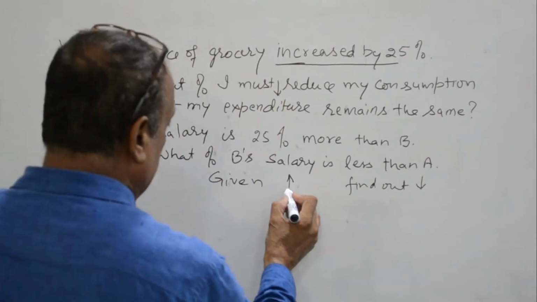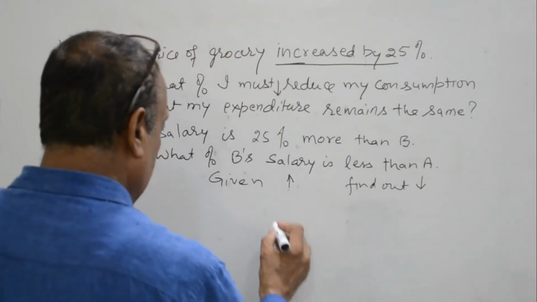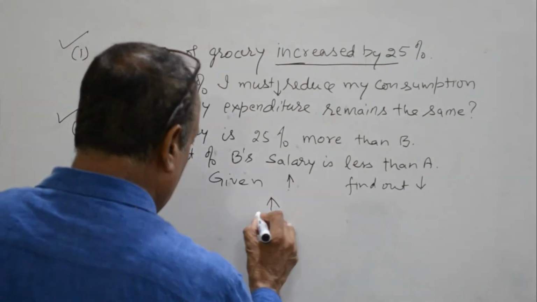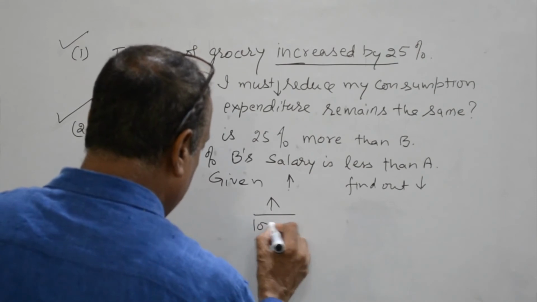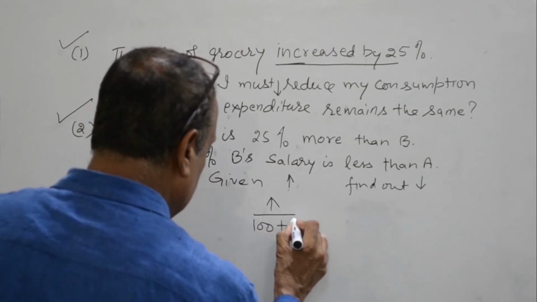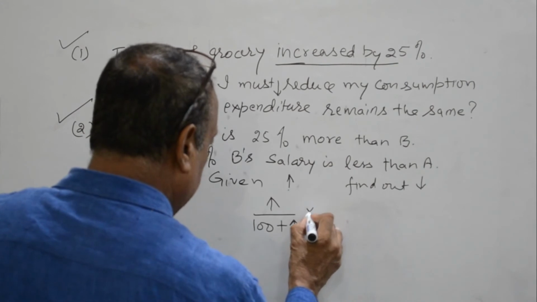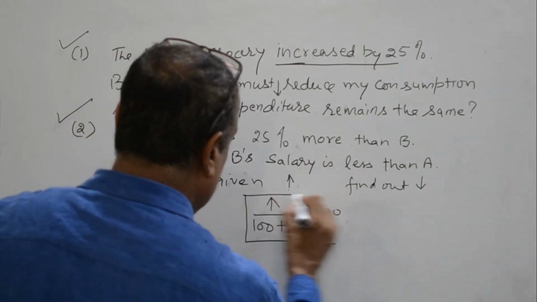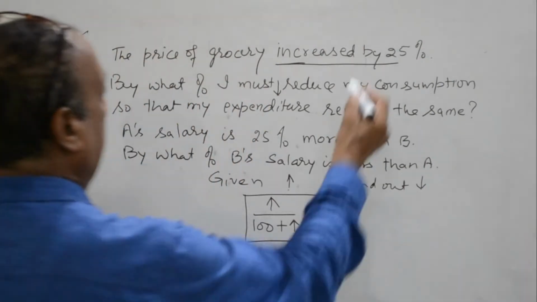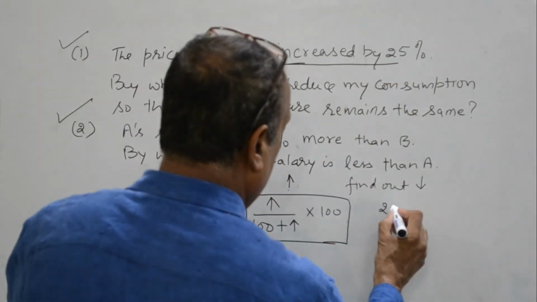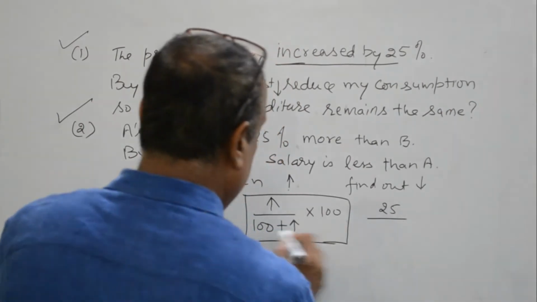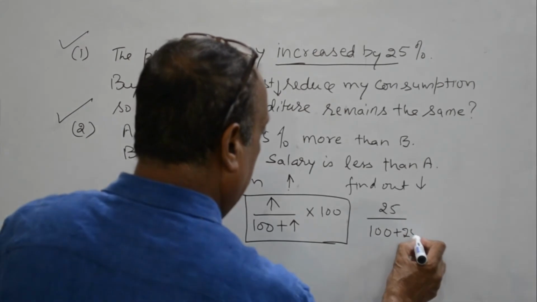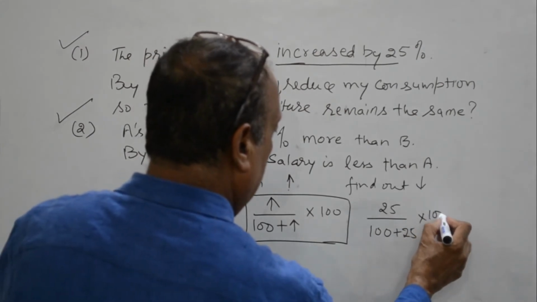So if we are given the increase, then the formula is increase upon 100 plus increase, multiplied by 100, and this will give us our answer. So the increase here is 25 over 100 plus 25, into 100.